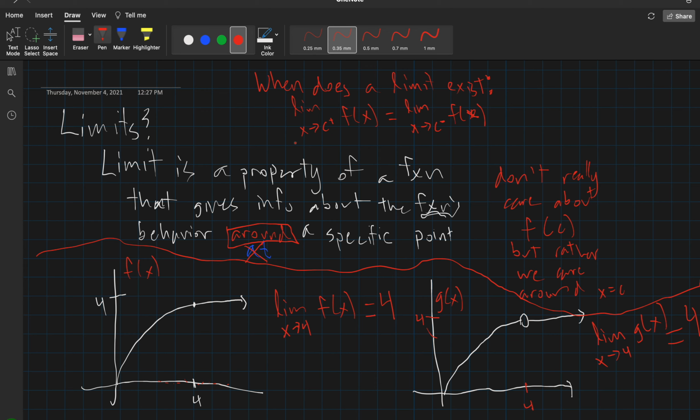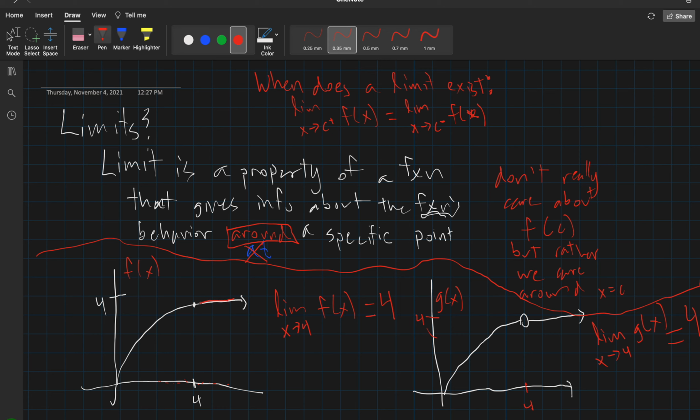So to illustrate this, what we're actually looking at when we're talking about the limit as x approaches c from the right, it means from our point of interest, which in this case will be 4, we're going to be approaching this value from the right hand side.